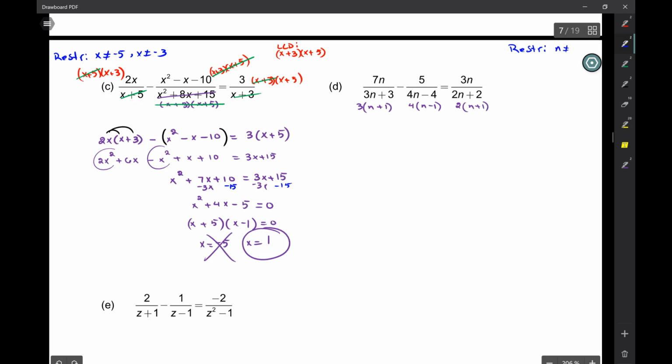N can't be positive 1 and n can't be negative 1. So I can also write n can't be plus or minus 1. Okay? Will they come out this neatly? Hopefully.